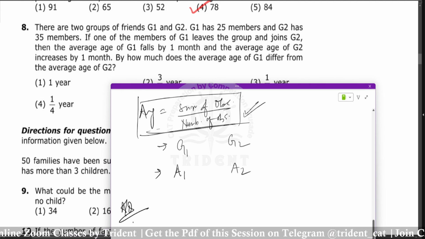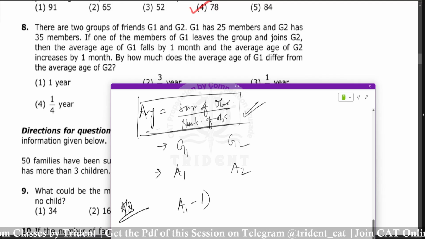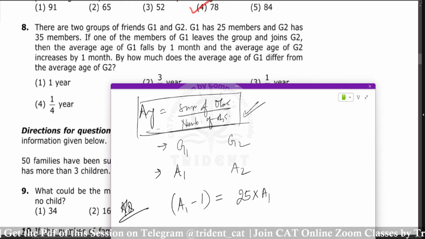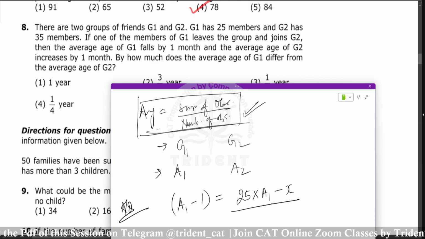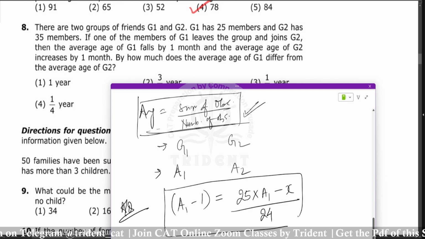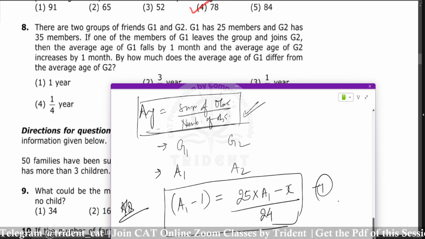According to this question, the average drops by 1 when one person leaves G1. That means 25 into A1 minus X, let's say X is that person's age, whatever his age, and the total number of people is 24. You have to be very careful with this one. Okay, this is my expression.